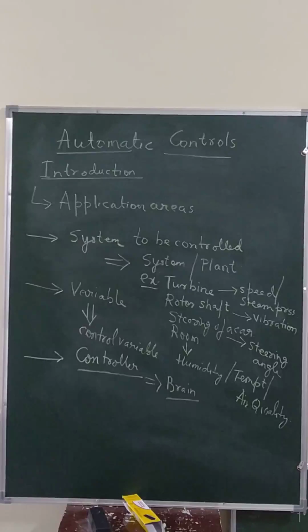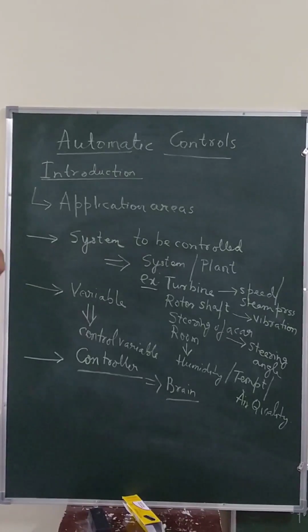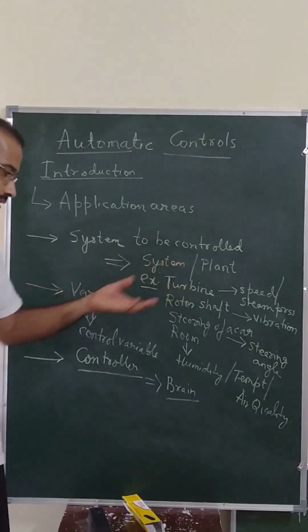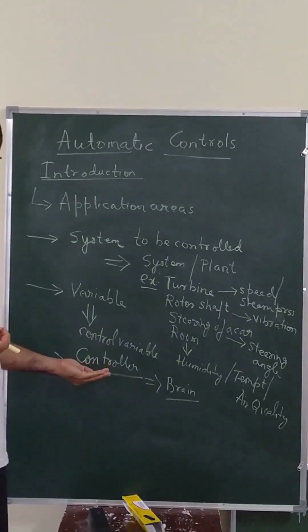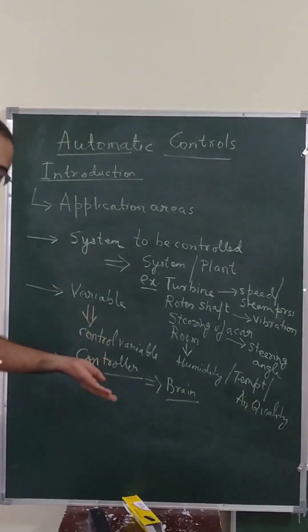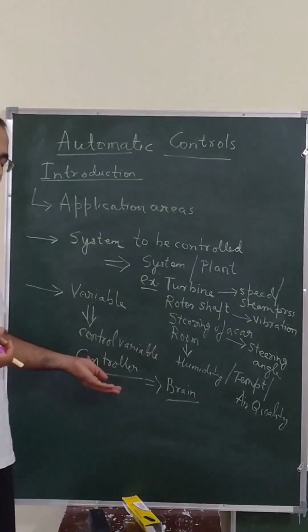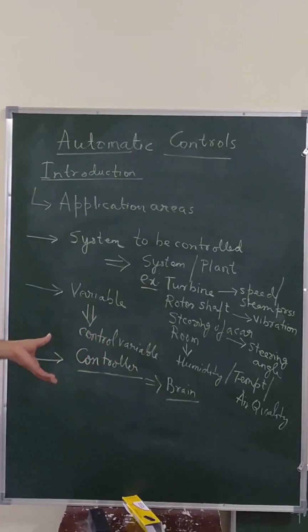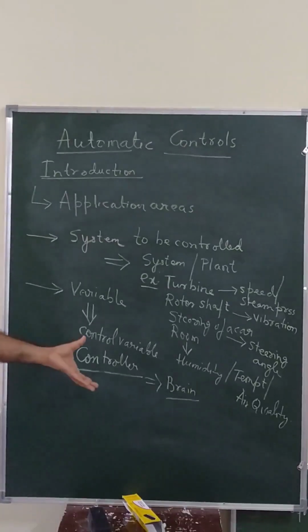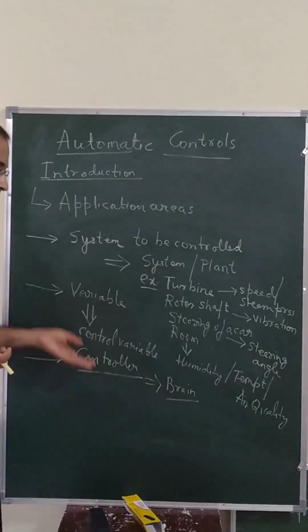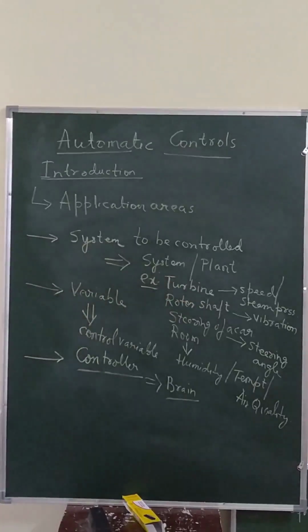So that logic or that mechanics based on which your control system would work is called the controller. We'll go much deeper into this. Let's just do the terminology right now and I will explain with examples. So the controller is the brain, the logic which acts behind controlling the system.